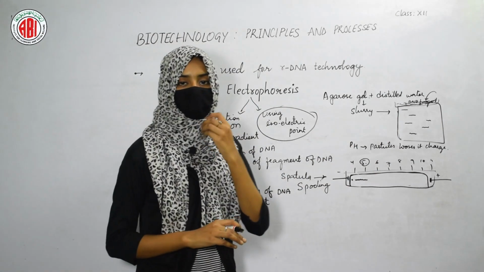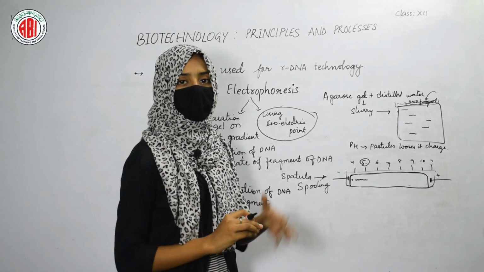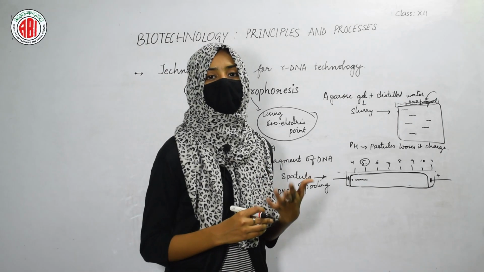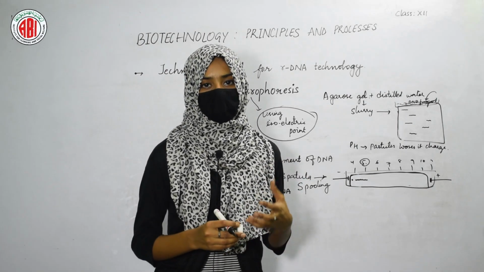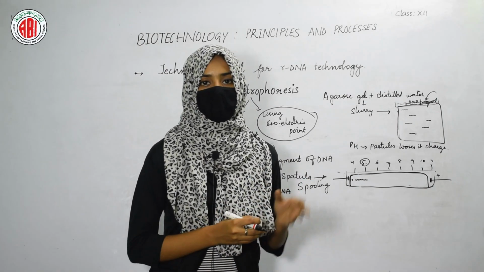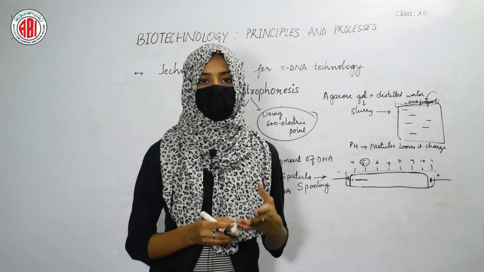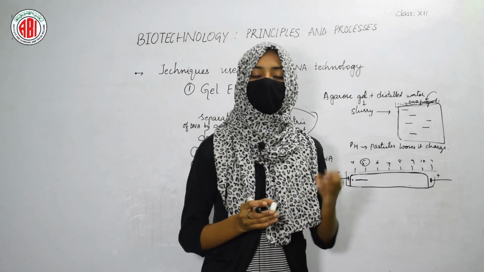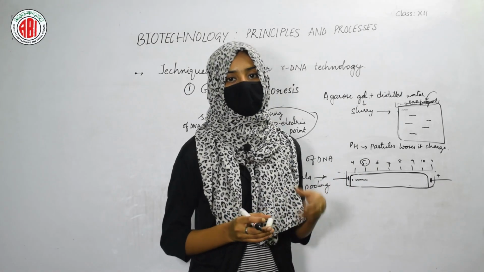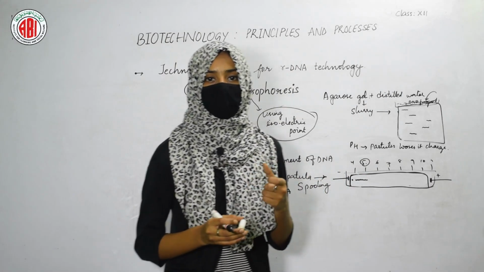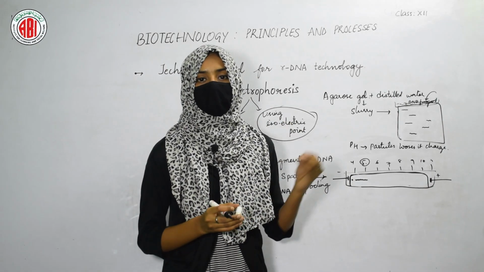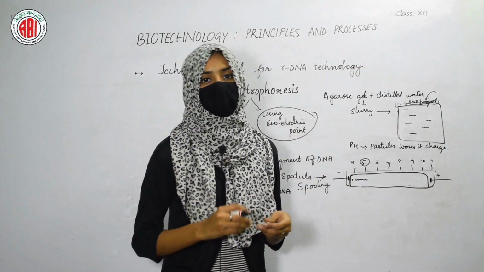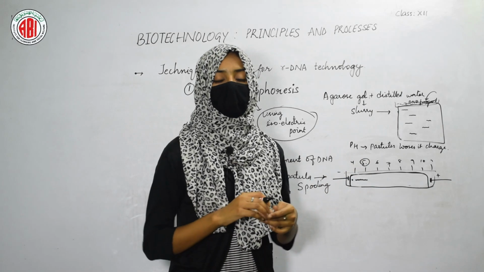After the separation of the DNA takes place, if we want to detect how many DNA fragments are separated, or at which distance they are present on this agarose gel: agarose gel is translucent, and the DNA strands will also be translucent. So, it is a little complicated to identify the DNA strands that run on the agarose gel plate.